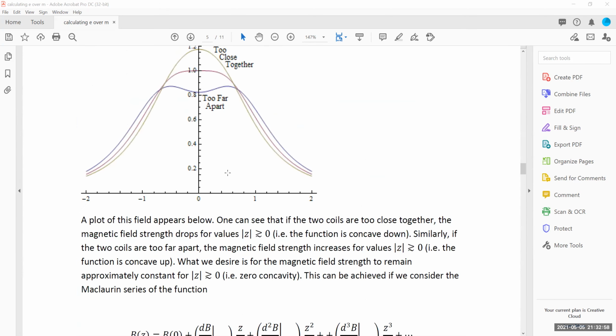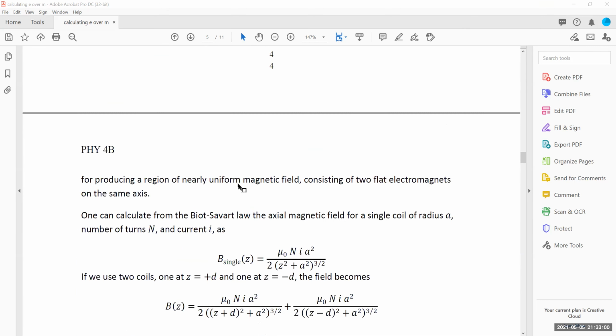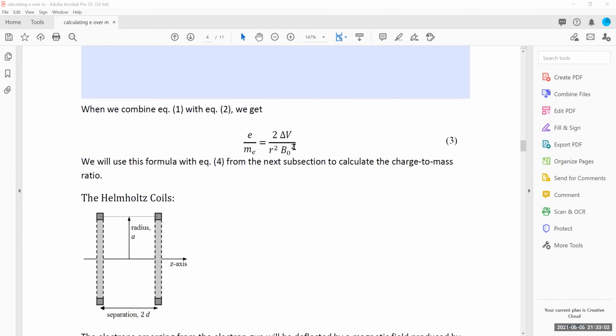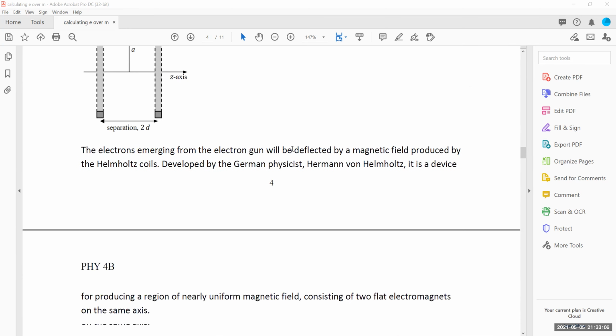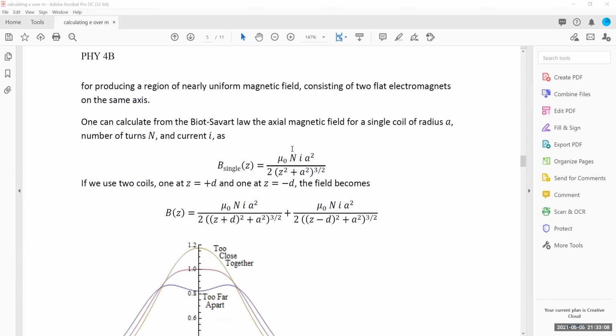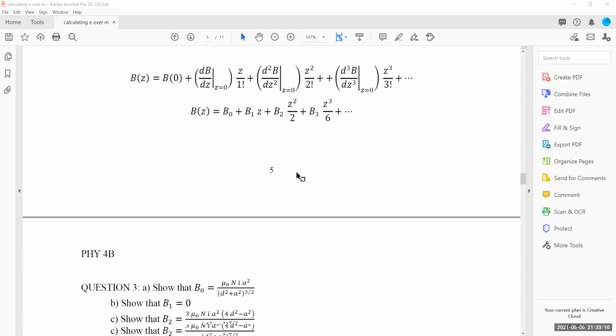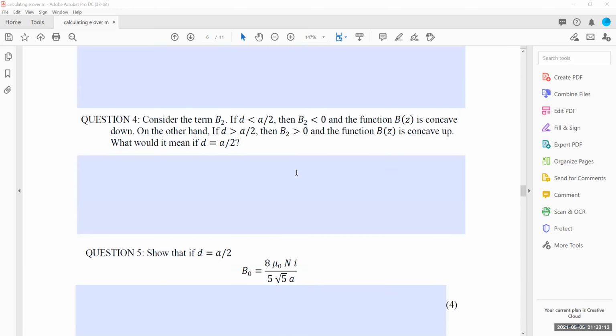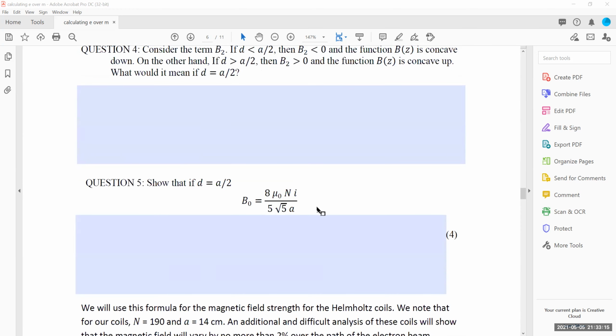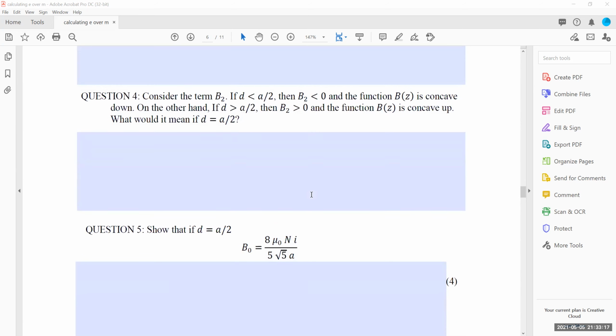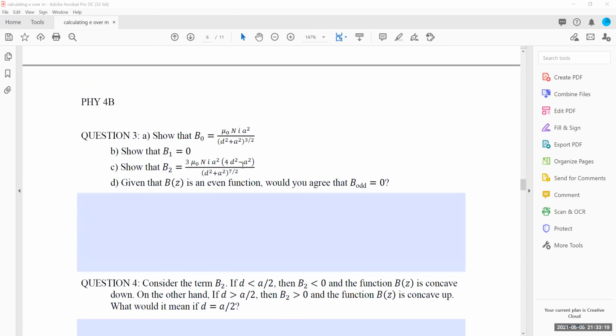I want that so that when I'm doing my lab, I don't want the magnetic field to change that much. I want to plug in that value in here that I just found. Because if it changes, then we have a problem. It's just the geometry that dictates that. So when I plug in the value, b naught now, for that value that we just said, d squared is a squared over 4.